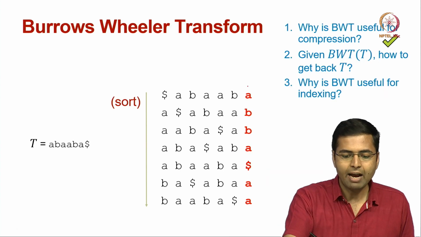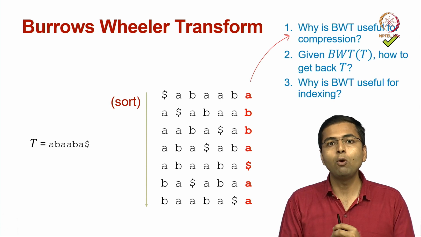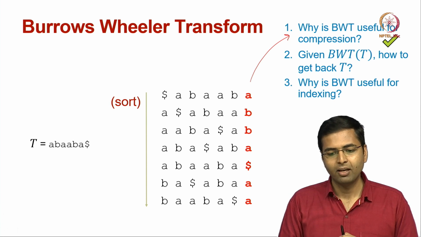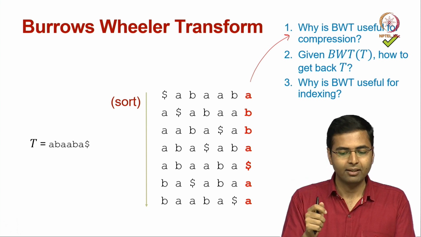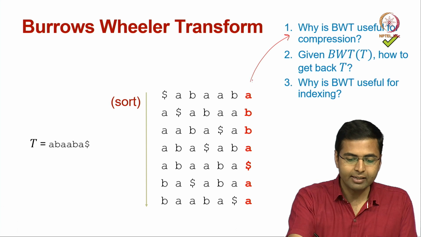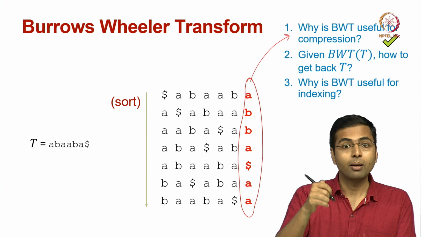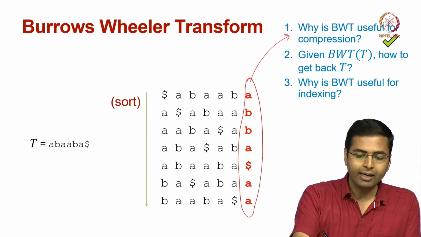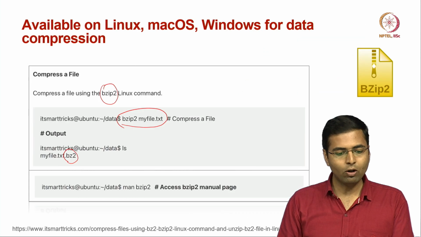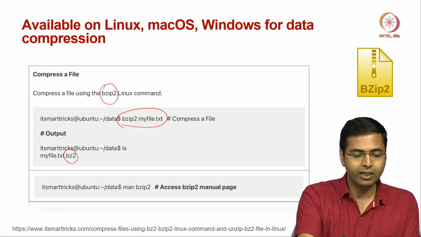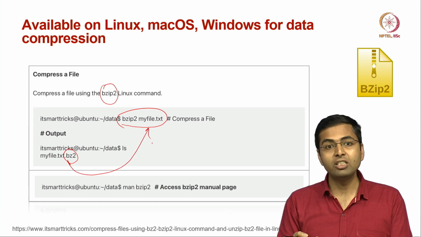So, we understand by now why the Burrows-Wheeler transform is useful for compression. I still have to convince you that this is a lossless compression technique, by which I mean that there exists an algorithm that will take the Burrows-Wheeler transform as input and give you back your original text, because that is the algorithm that will be used if you, for example, want to decompress from your compressed file and recover your original file.